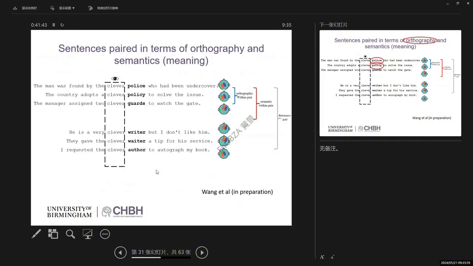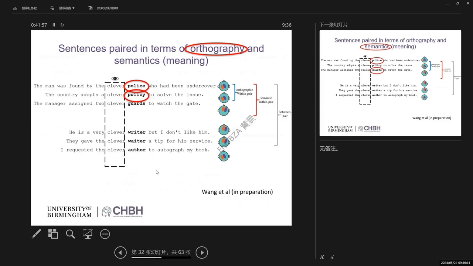So here we have been doing a trick in the sentences we have been constructing, in the sense that we are making sentence pairs with different properties. So some of the properties are overlap in orthography, right? So police and policy, of course, mean very different things, but they have a big overlap in terms of letters, right? So they only differ by the last letter, right?